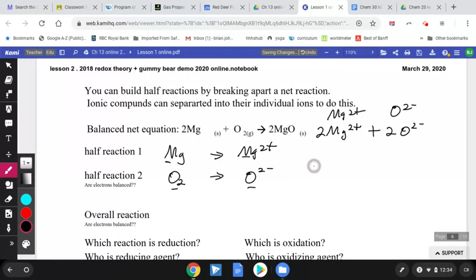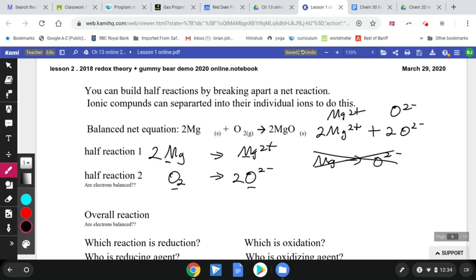You couldn't write Mg turns into O2 minus. Of course, that wouldn't make sense. All right, now we have to figure out electrons and balance. I'm going to balance my atoms first, just because it's bothering me that they're not. I have O2, now I have 2O. And I'm just going to leave it like that for now.